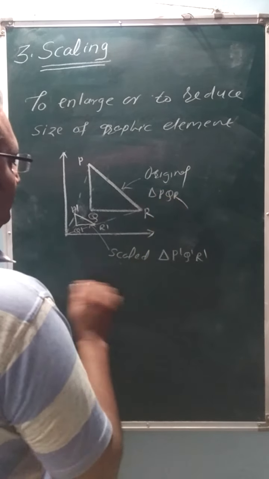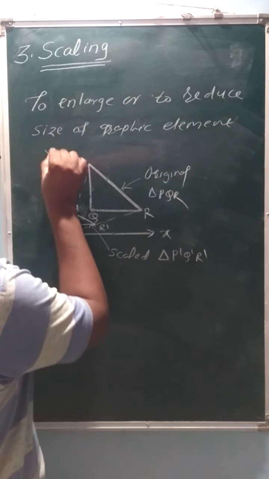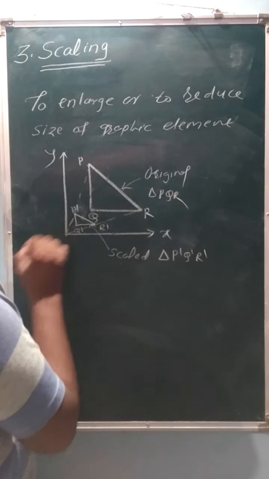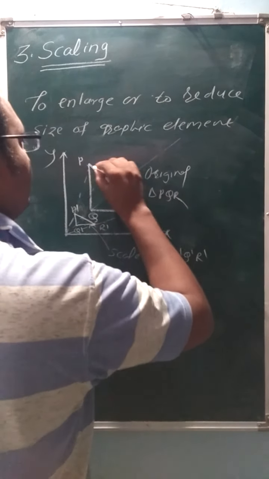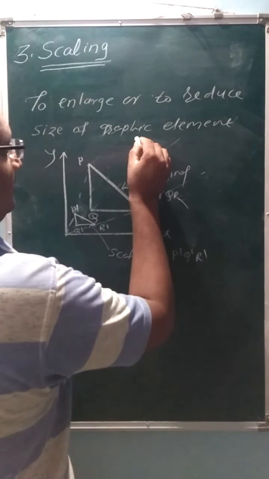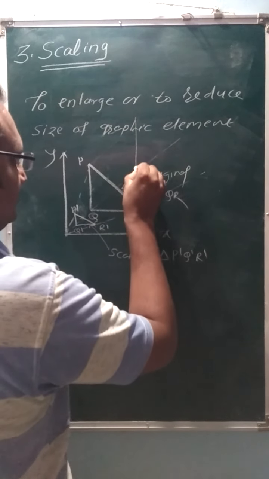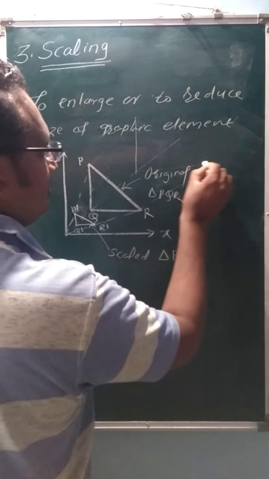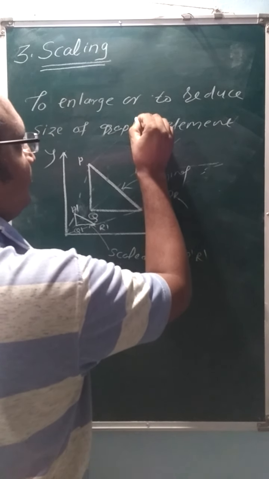So after performing geometric transformation on this original triangle PQR, we can reduce or enlarge the size of this geometric element.